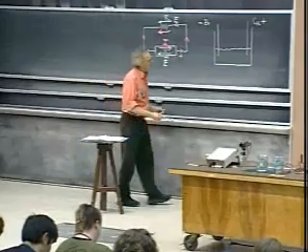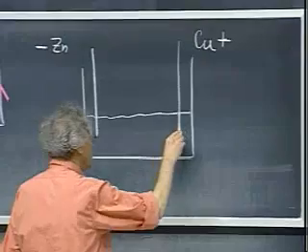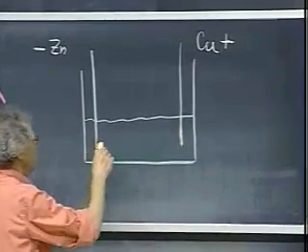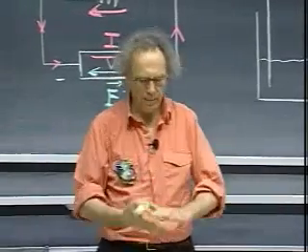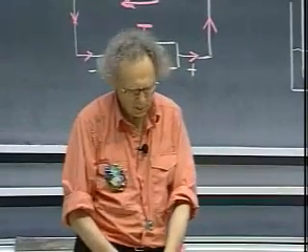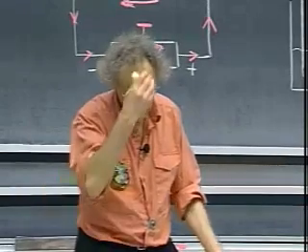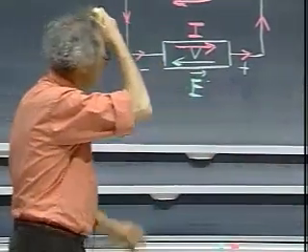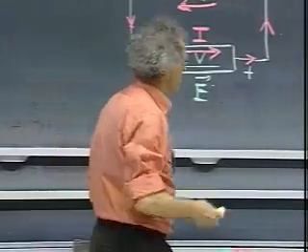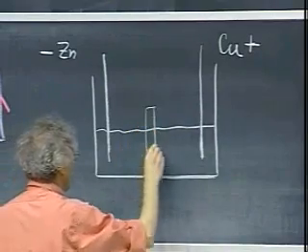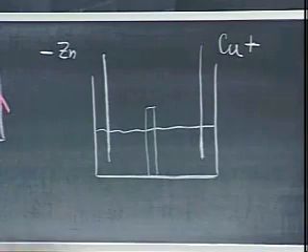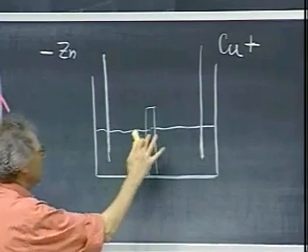The secret really is not necessarily in the solution, because if you take two different conductors, and you touch them metal on metal, there will also be a potential difference. So let's look at this now in some more detail. We have here a porous barrier that the ions can flow freely from one side to the other.